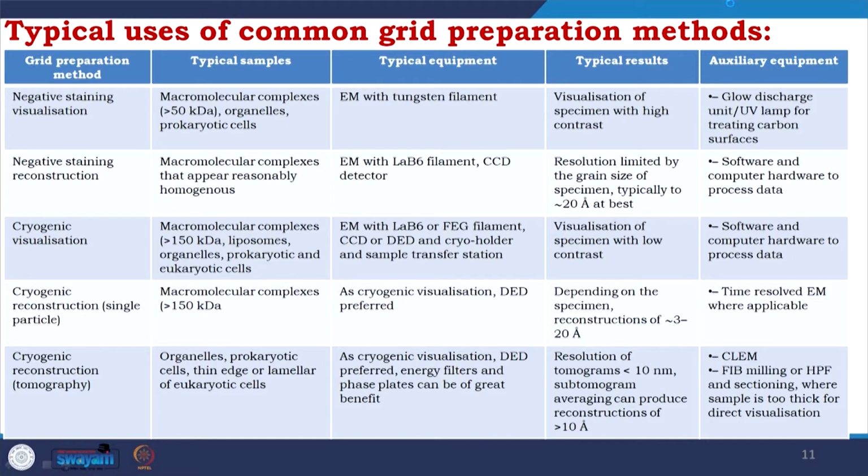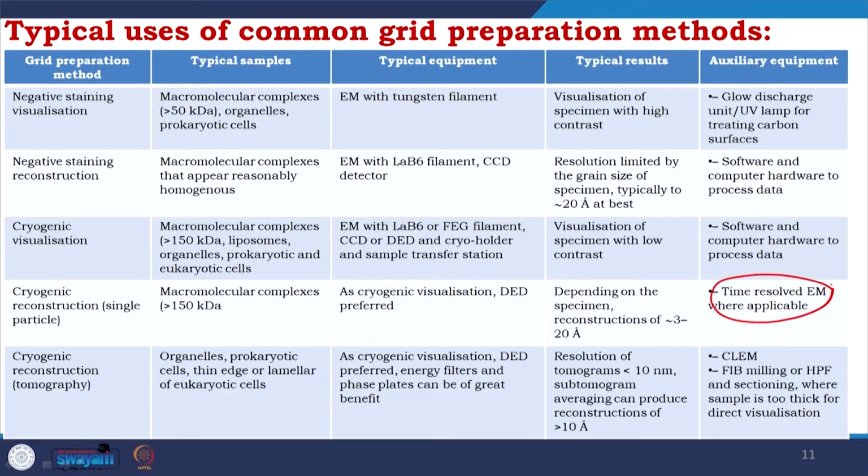Auxiliary equipment for negative staining visualization: glow discharge unit, UV lamp for treating carbon surfaces. For negative staining reconstruction, software and computer hardware to process data. For cryogenic visualization, software and computer hardware to process data. Cryogenic reconstruction, time resolved electron microscopy.